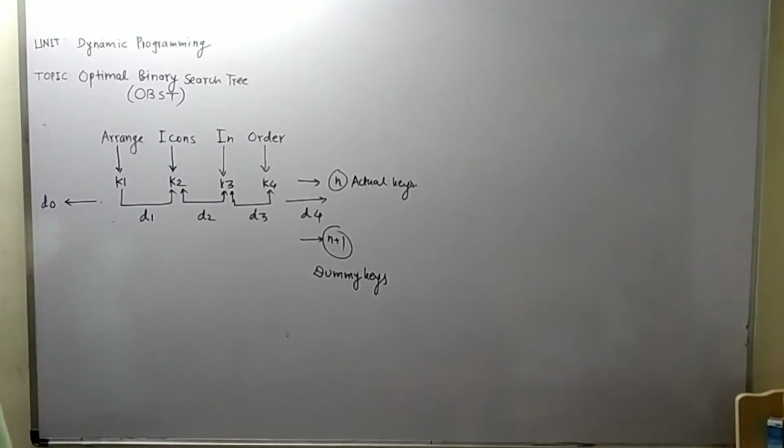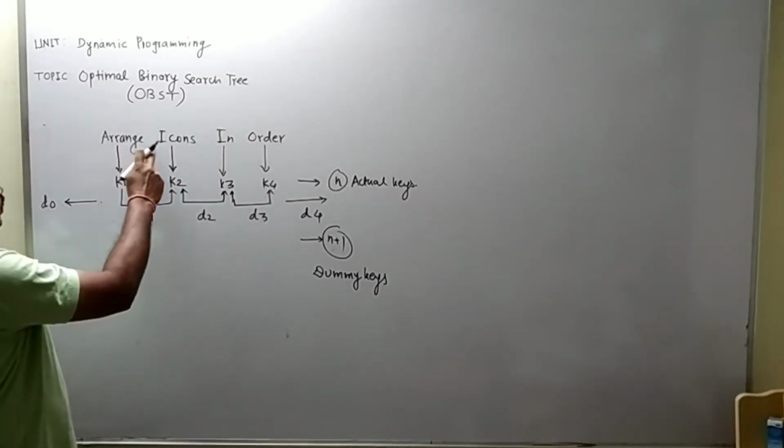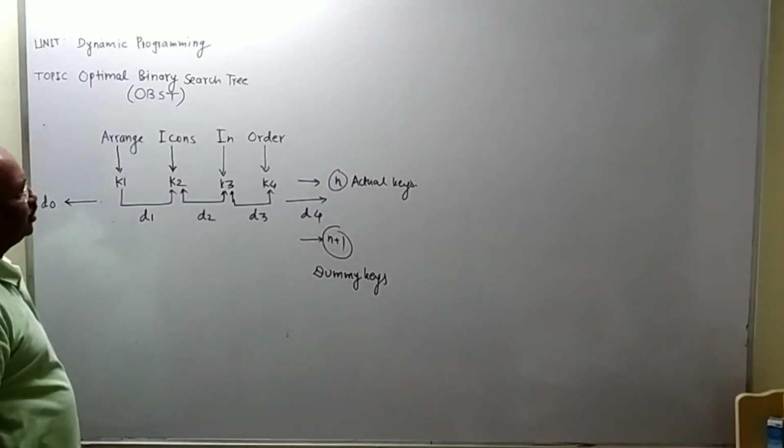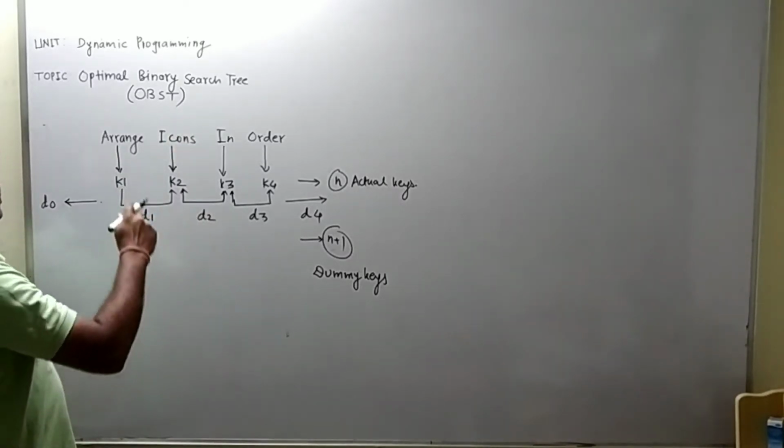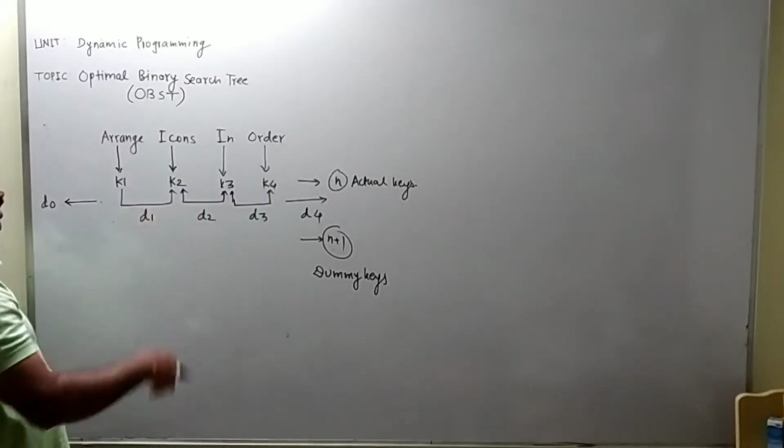So let us take one example for searching these words in the dictionary. We use the binary search tree for finding out the expected searching cost.